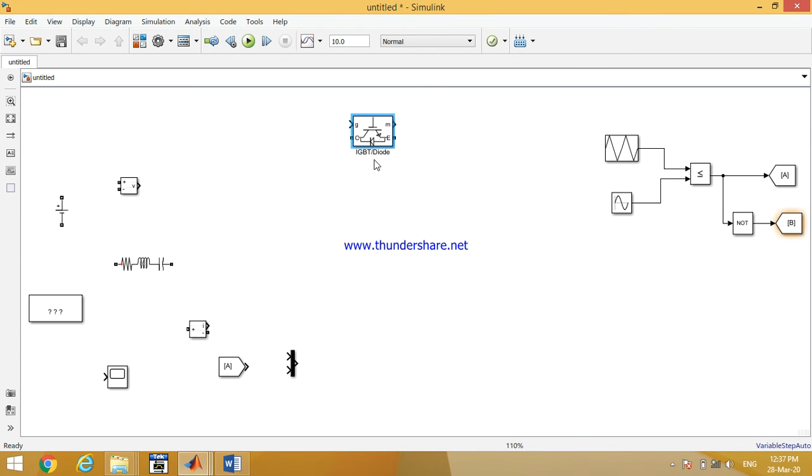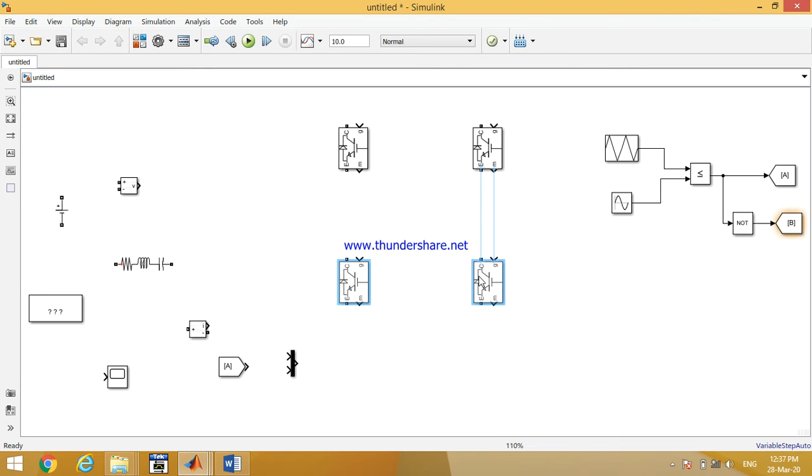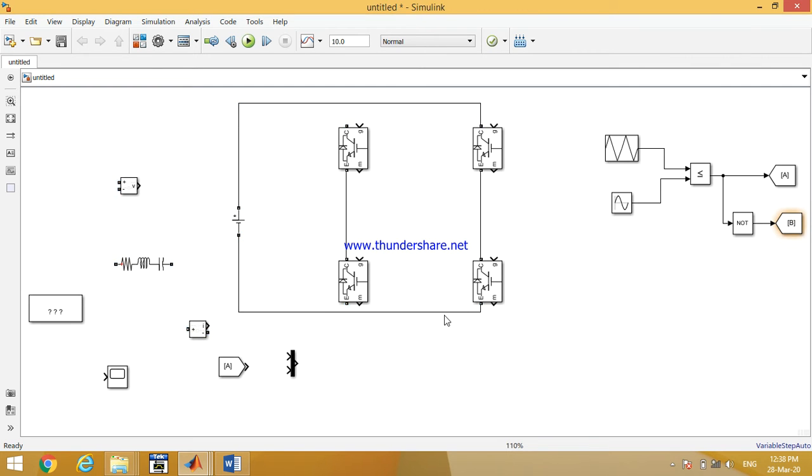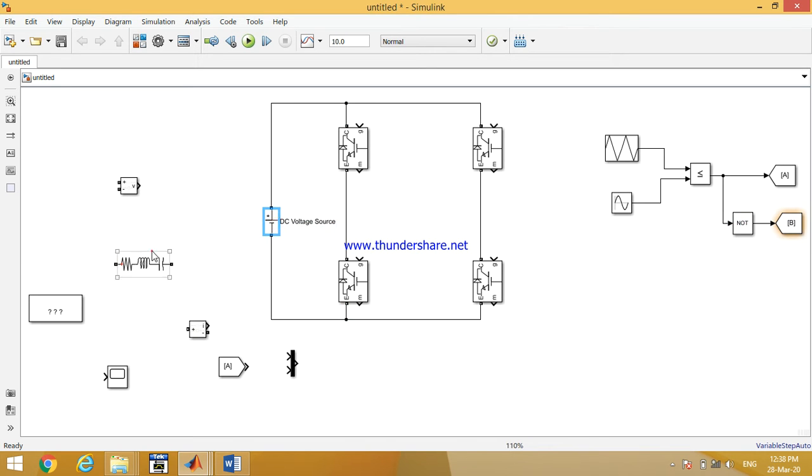Now to make our power circuit we require 4 IGBTs, so we'll copy these. These are our 4 IGBTs, right? We'll connect those IGBTs with the source. So we have connected all the IGBTs, right?